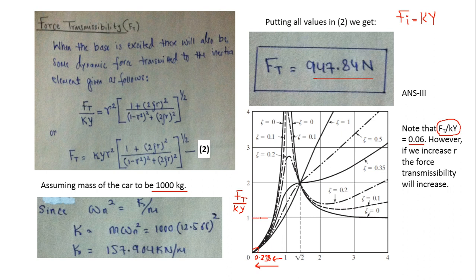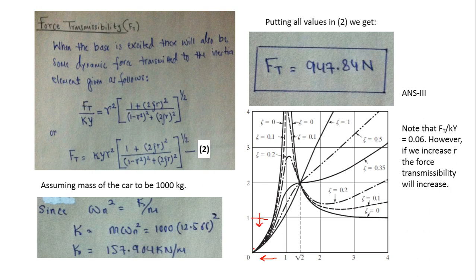So we are basically below this one, and that is a good result, because if you increase r, okay, so I was telling you that it was better for us to reduce the value of r, because in this case we have actually reduced the force transmissibility to less than 1.